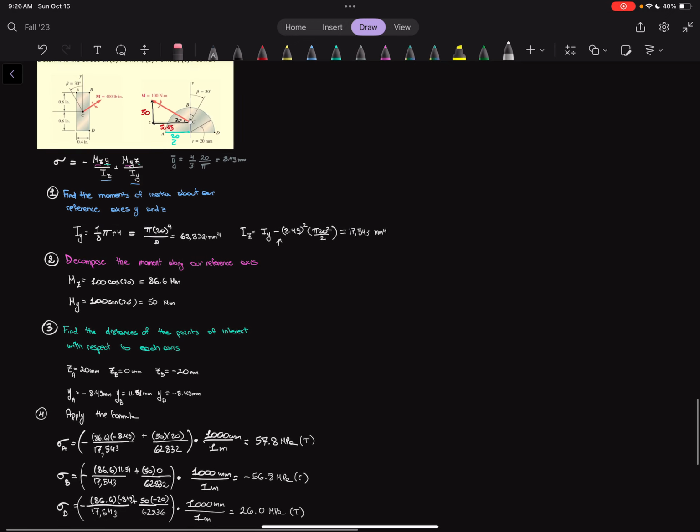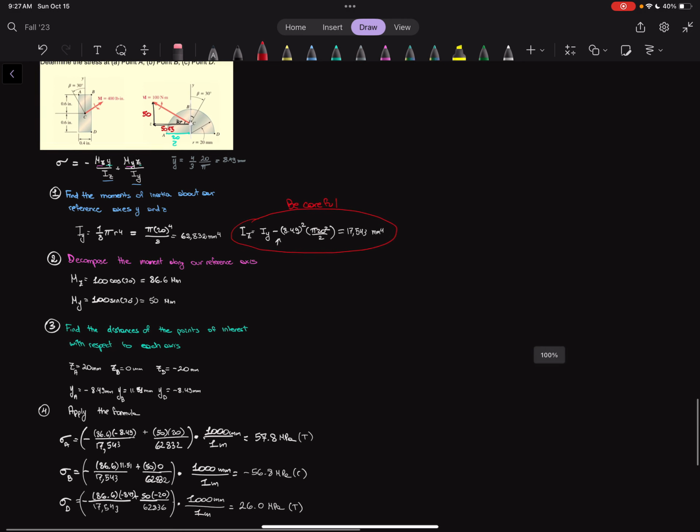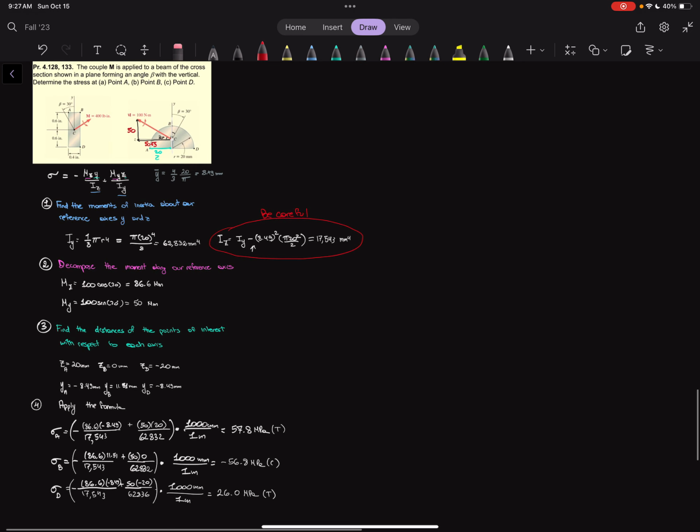So I hope this was useful. It is nice to understand this, so be careful on your axes and what you have in your sheets. And then everything else is the standard procedure.